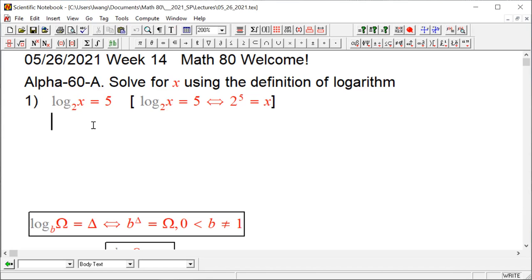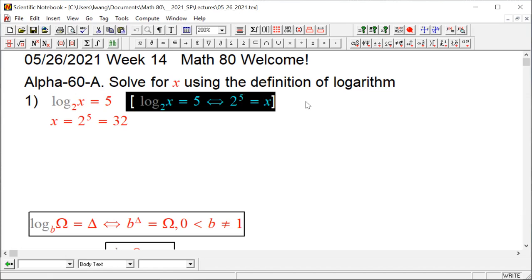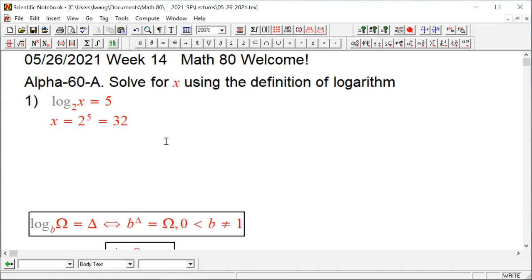So right here, you can see from the definition, you can directly get 2 to the power of 5, which of course is 32. So that's how we apply the definition. Do you need to show this piece? No, you don't need to. To solve this equation, it's really just one step.